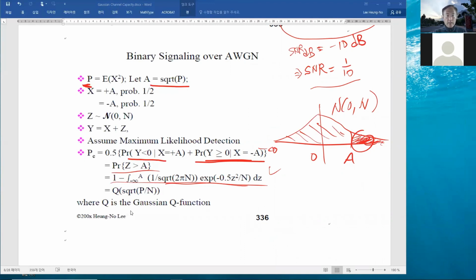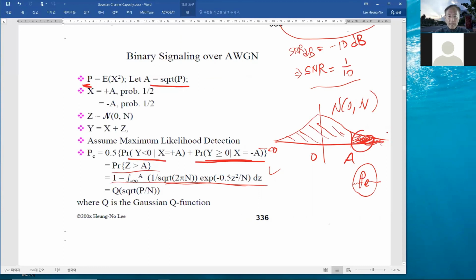But the problem here is again that if you use a symbol all alone, repeatedly, then you cannot get rid of this probability. The probability of error will remain very large.